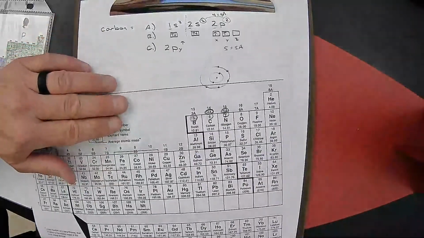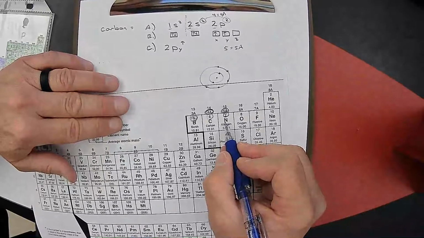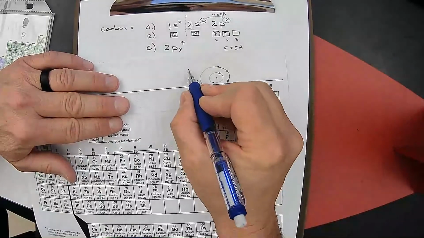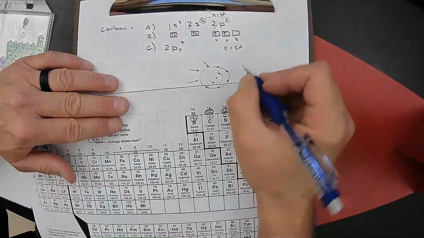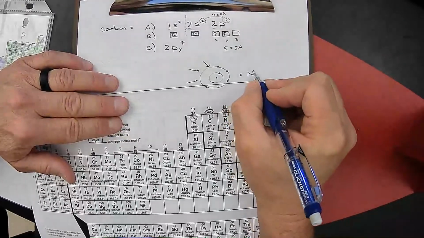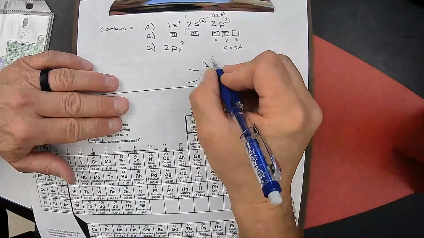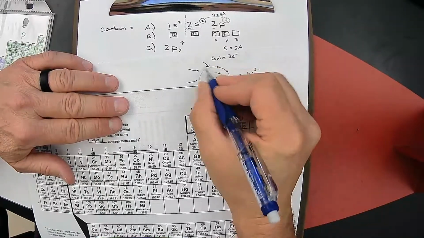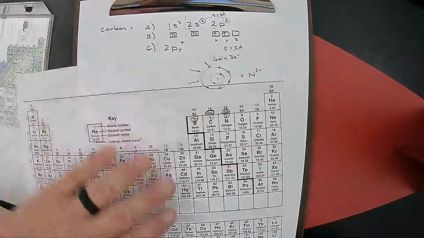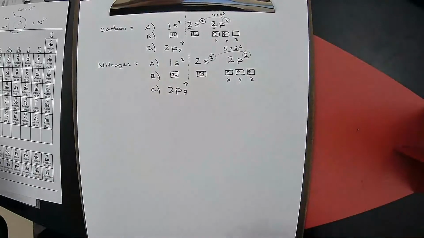If we had talked about what nitrogen wanted to do, we would have said it wants to gain 3 electrons, and it would be an N with a 3 minus because it wants to get 8 electrons on the outside. Why does it want to gain 3?